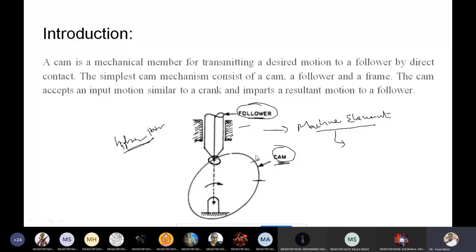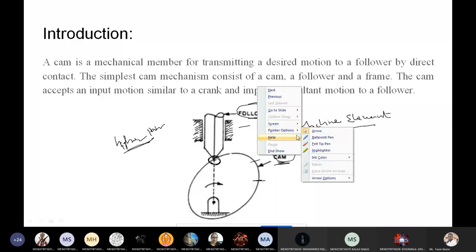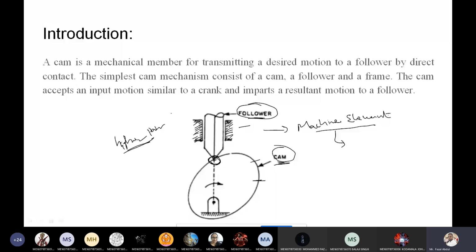And the second one is poor wear resistance.